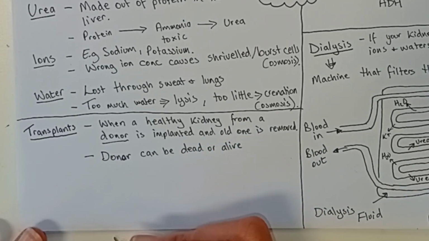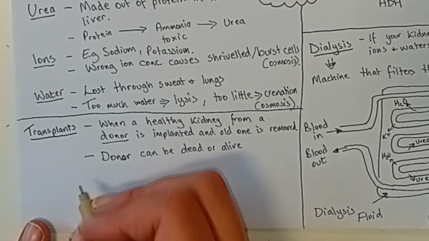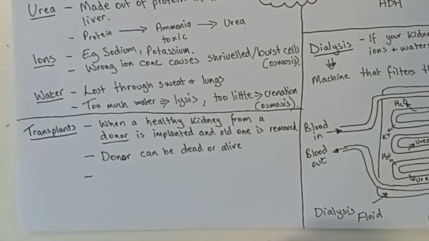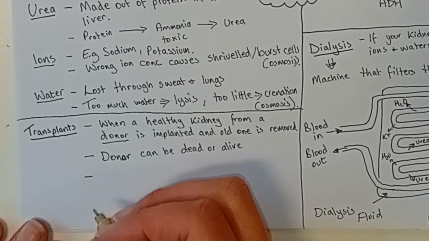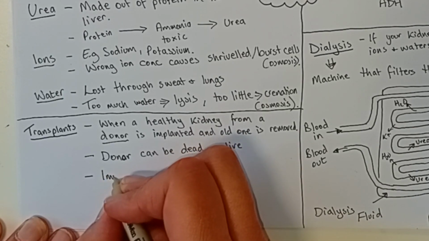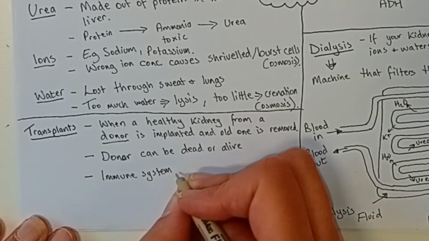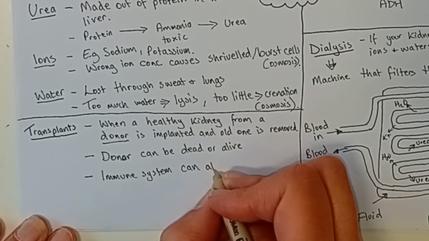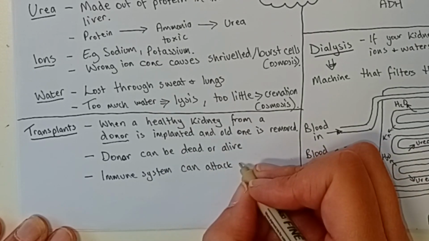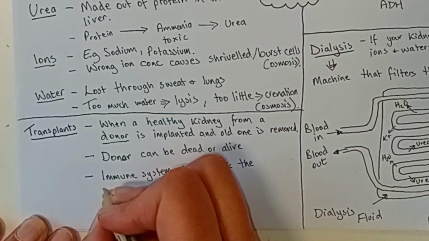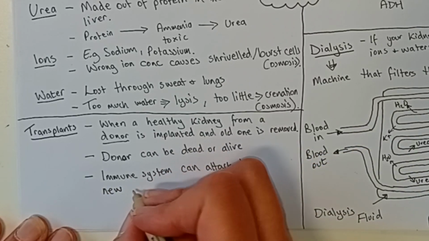The problem with a transplant then is that you've got another person's tissue inside you, another person's cells, and your immune system won't recognize it, so it will attack it. So the immune system can attack the new kidney, and this is called rejection.